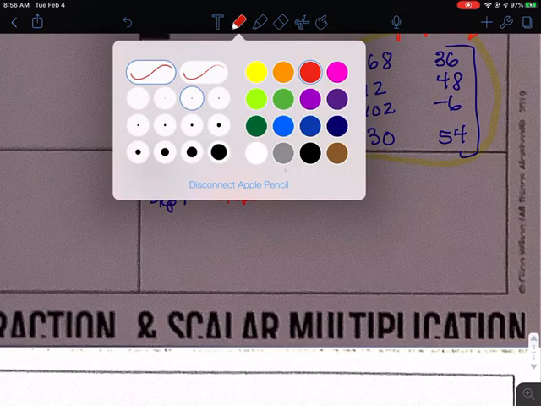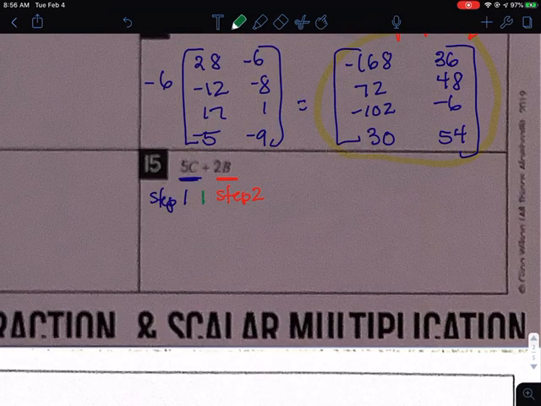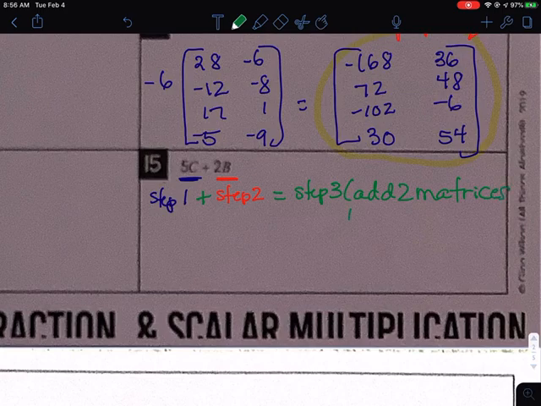And then you're going to add those two matrices together. That is step 3. All right, and I'm going to leave it at that, and you guys can let me know if you have questions.